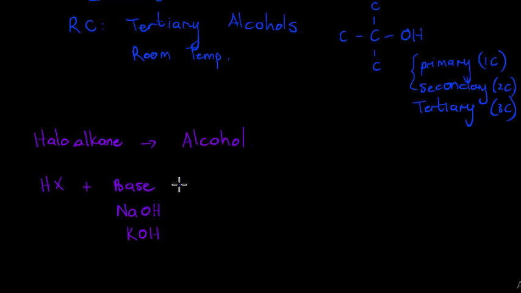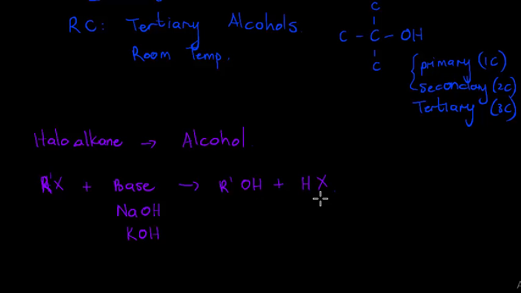Okay, and this produced for us an alcohol, which is a substituent bonded to an OH, and it also produces a halide as well. Again, why that?